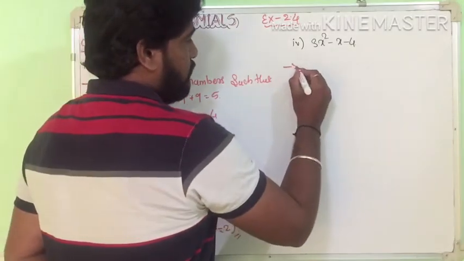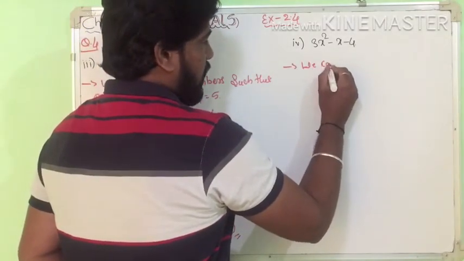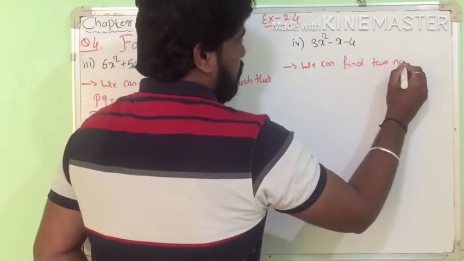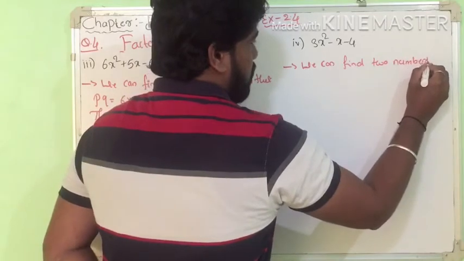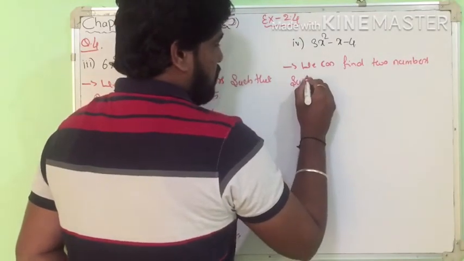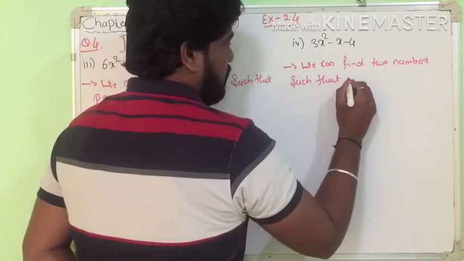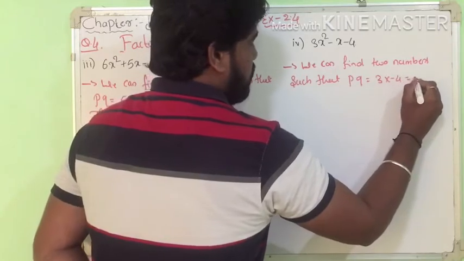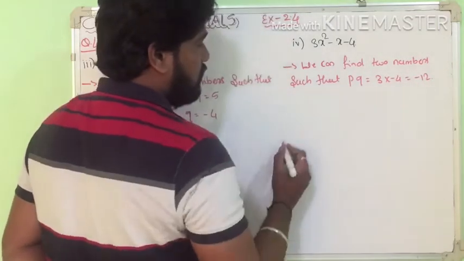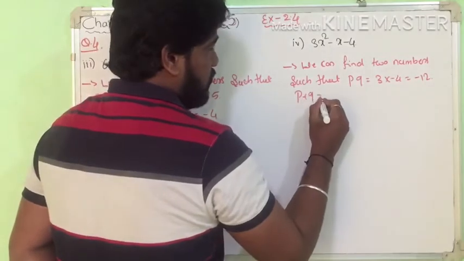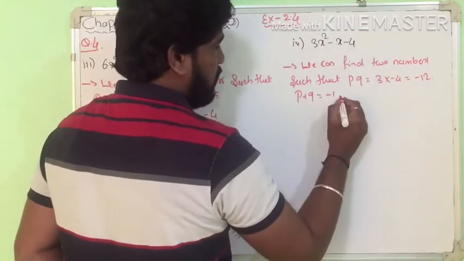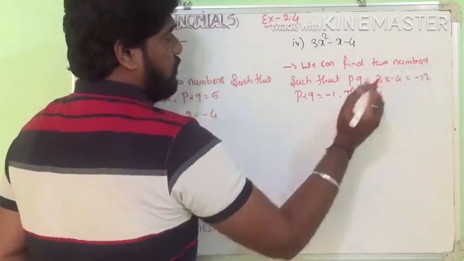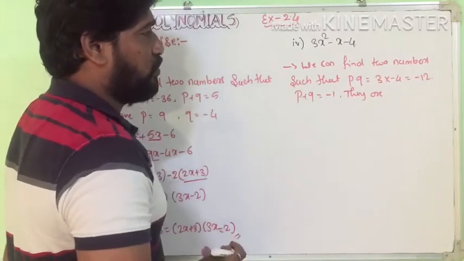So write down here, we can find two numbers such that p into q is equal to 3 into minus 4, which is equal to minus 12, right? p plus q is equal to minus 1. So here we want minus 12 and minus 1.